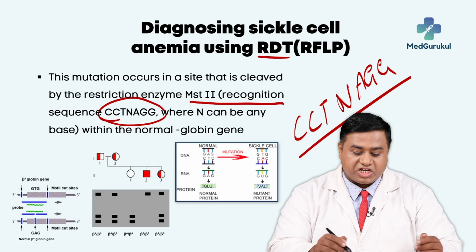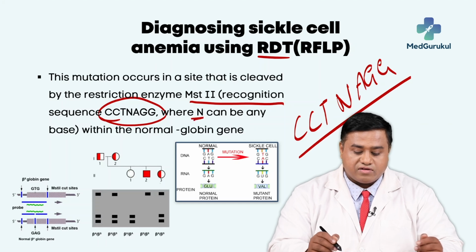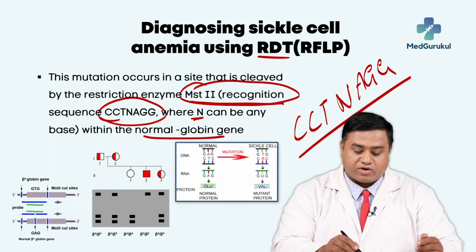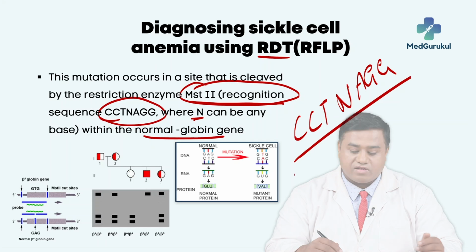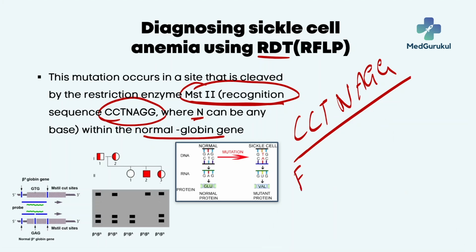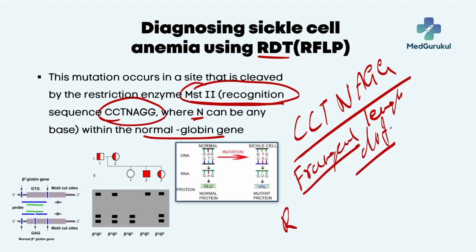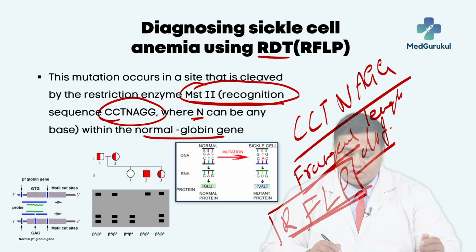If there is any change in this sequence, the enzyme is not able to recognize it, hence we will have fragment length differences. That is the reason why this technique is called restriction fragment length polymorphism, or RFLP.